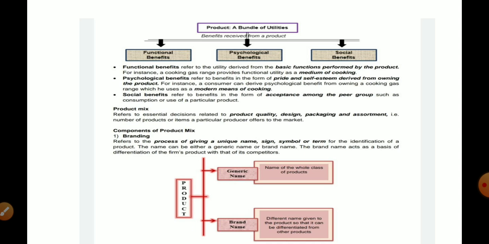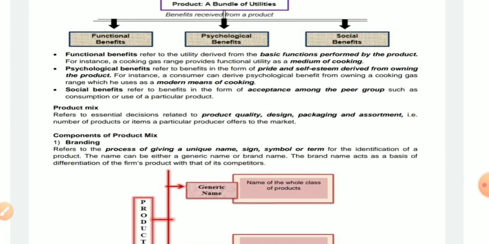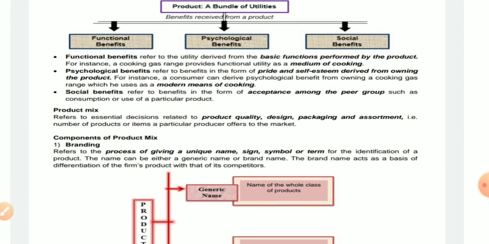Now, a product is a bundle of utility: functional benefit, psychological benefit, social benefit. Functional benefit refers to the utility derived from the basic function performed by the product. What is the basic work of the product?